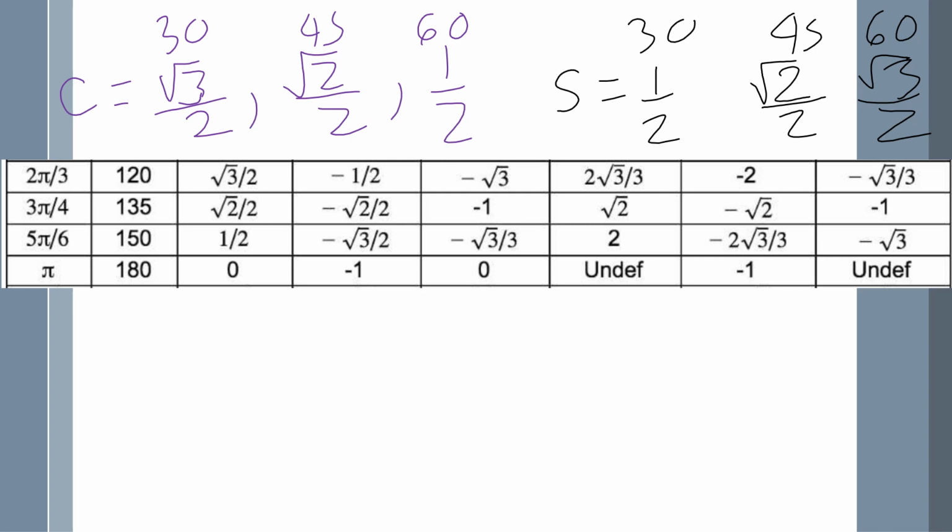I do get these backwards from time to time, and I do understand you guys get these backwards too. But just remember, cosine 3, 2, 1, sine goes 1, 2, 3.